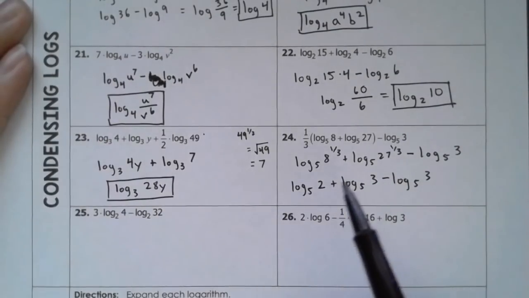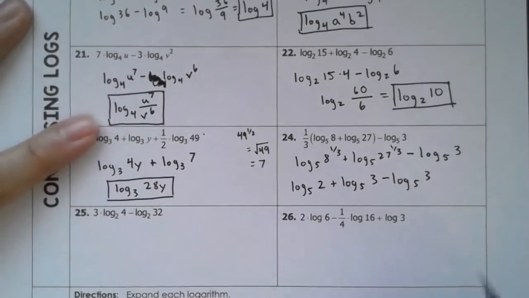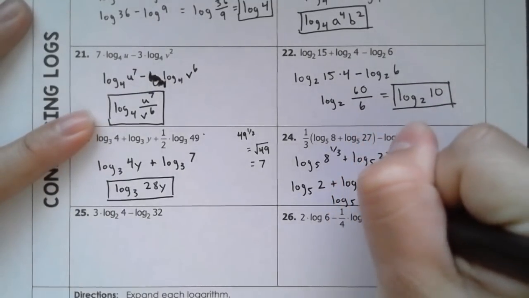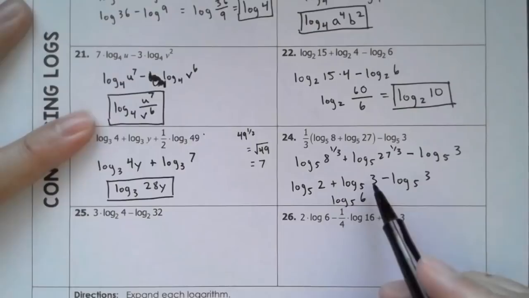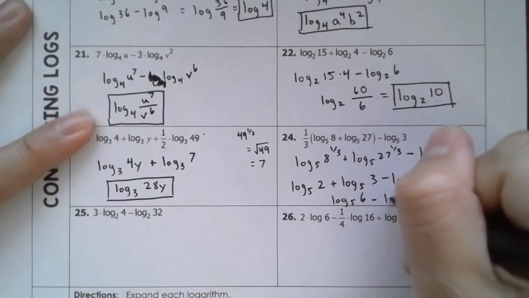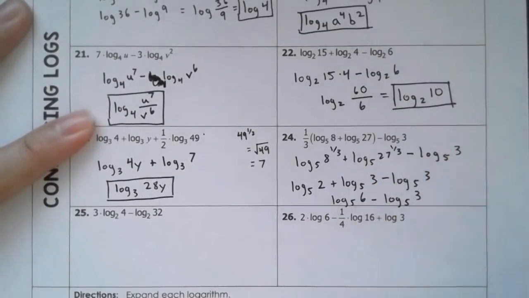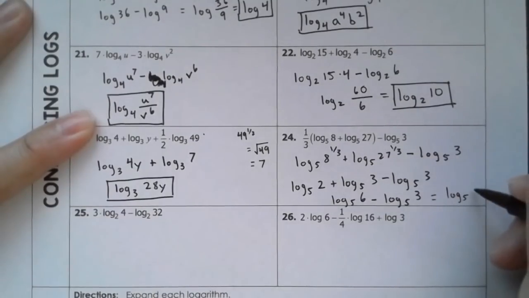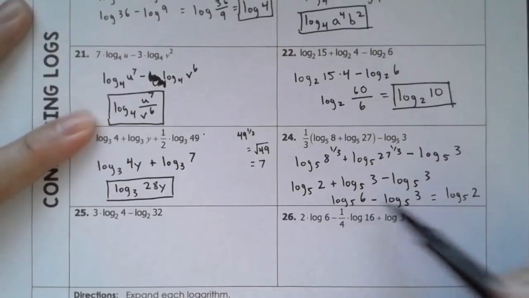Left to right, this here I can multiply, so I get log base 5 of 6, because 2 times 3 is 6, minus log base 5 of 3. Then I'm going to divide, because this is now minus, so log base 5 of 6 over 3, I get log base 5 of 2, because 6 over 3 is 2.